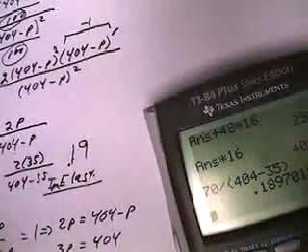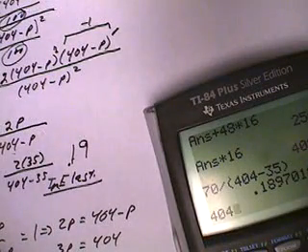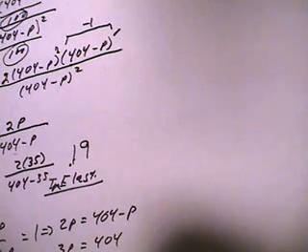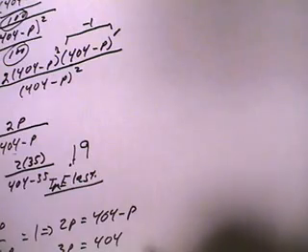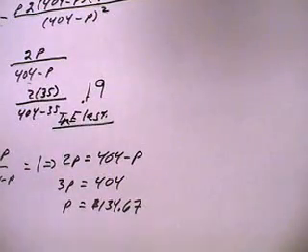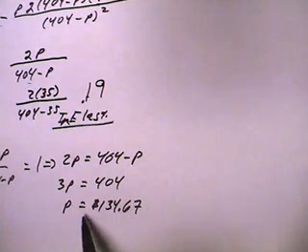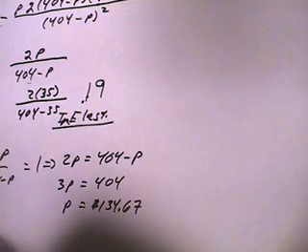And 404 divided by 3 is going to be a price of $134.67. Okay, $134.67. And this price would maximize the revenue.